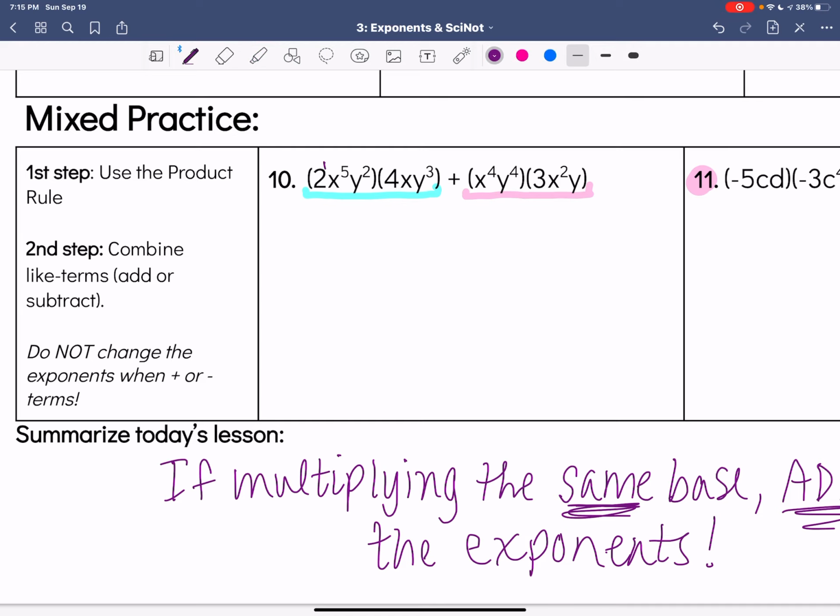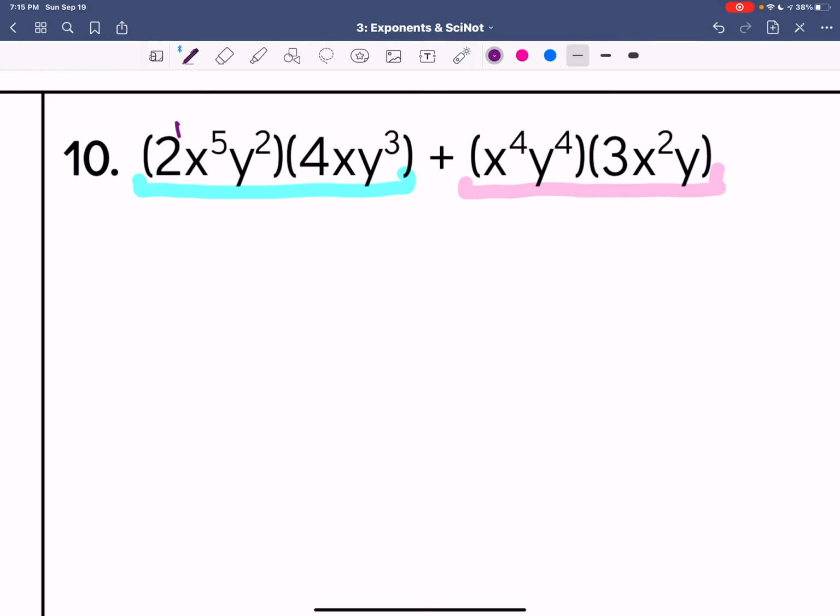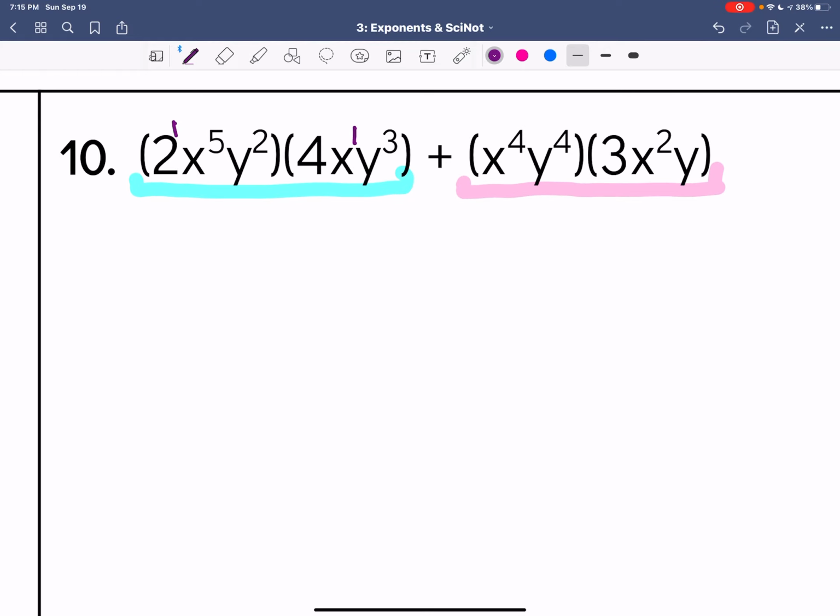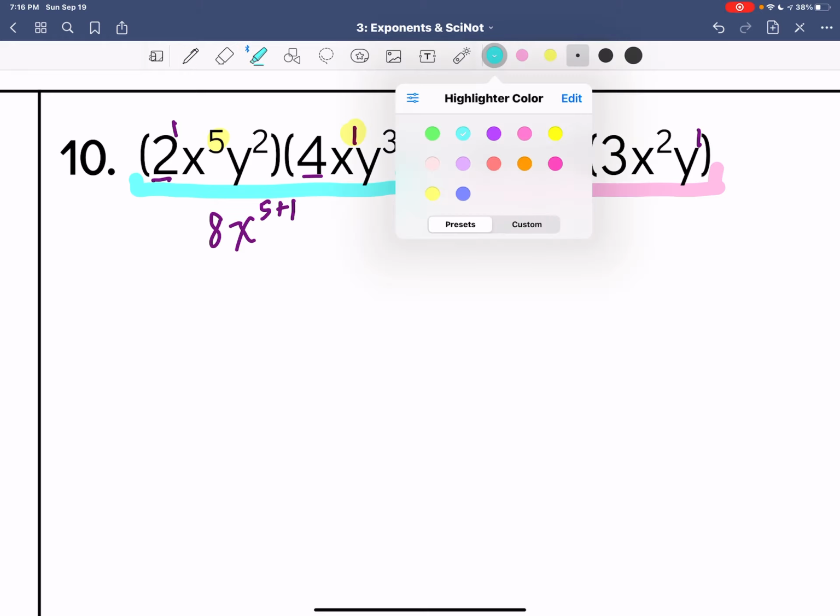I like to add 1s to anything that does not have a 1. All right, now let's go ahead and let's multiply. I've got 2 times 4, which is 8, and then I'm going to do, and I'll use yellow, x, 5 plus 1, and then I'll do a different color since I already did that one.